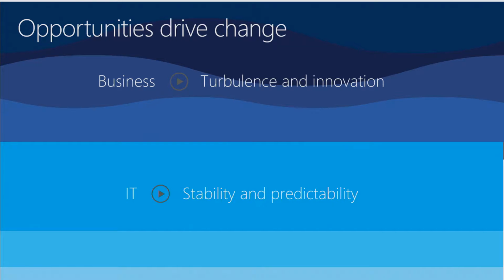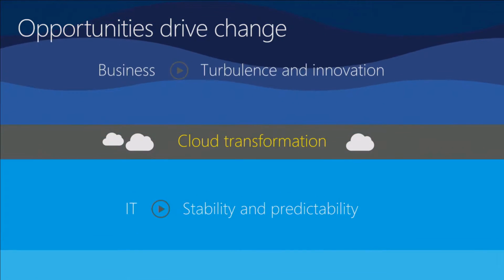Think about your developer communities: newer technologies come out every single day, and they all want to adopt those new technologies to innovate faster and quicker. The IT platform, however, is fully incentivized by stability. Given this friction, we believe from Microsoft's point of view that cloud transformation really is the answer.